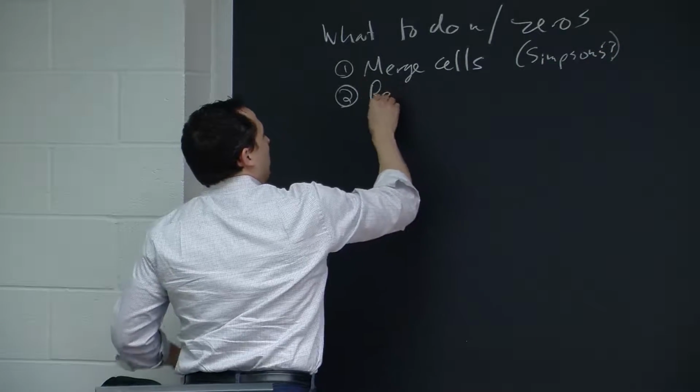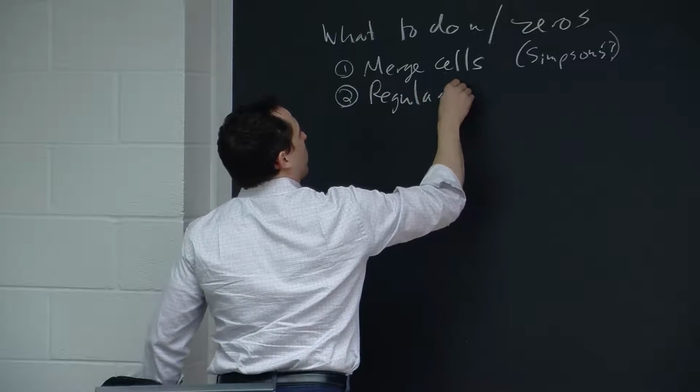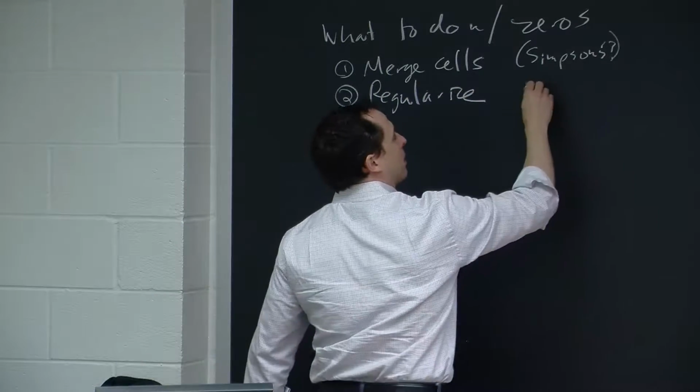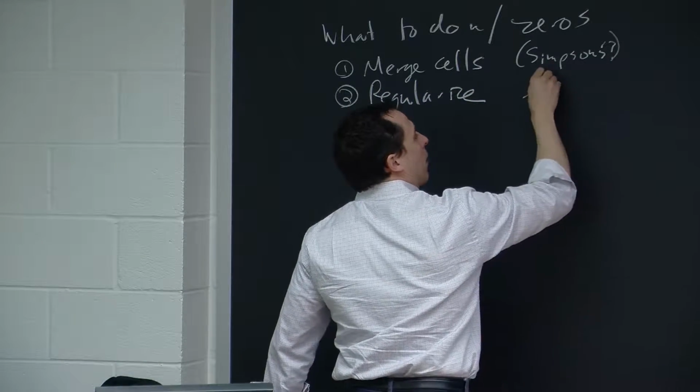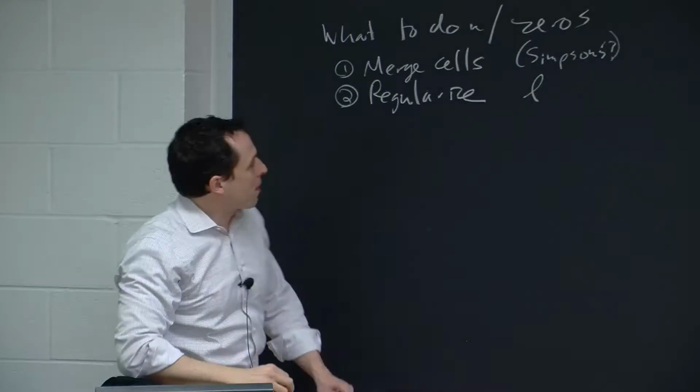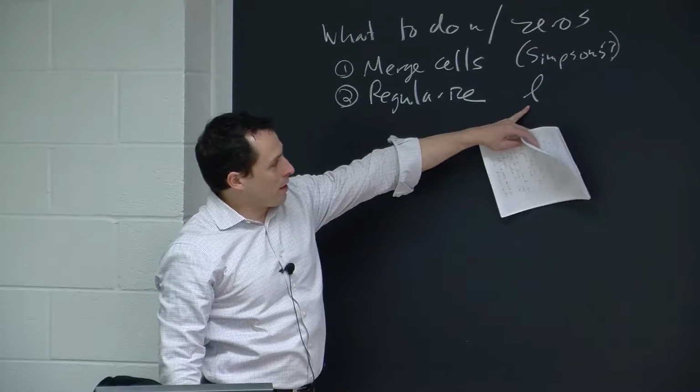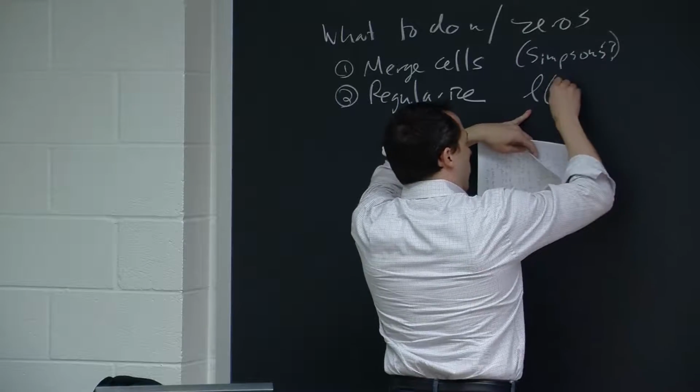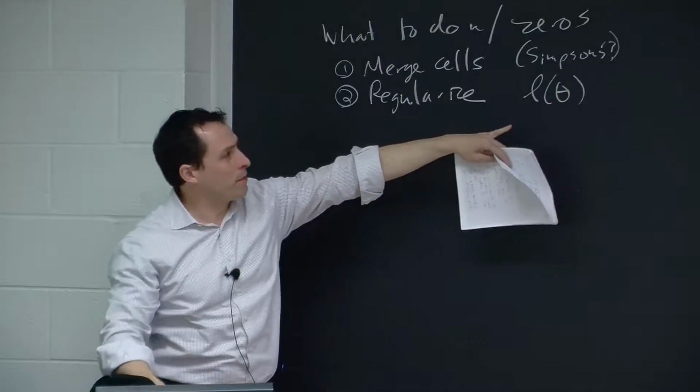We could regularize. And that means that a lot of the problems from zeros are created by choosing parameters that maximize the log likelihood function.